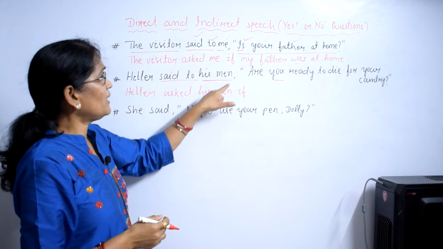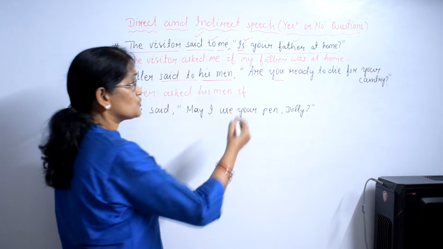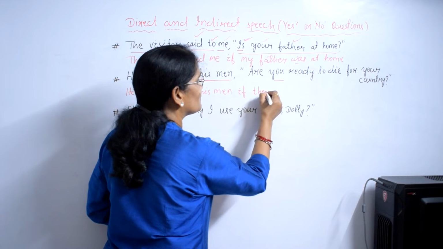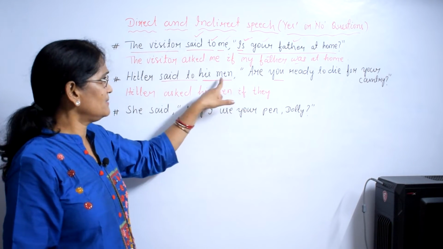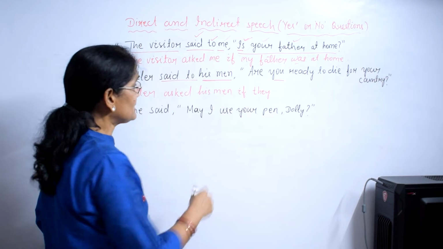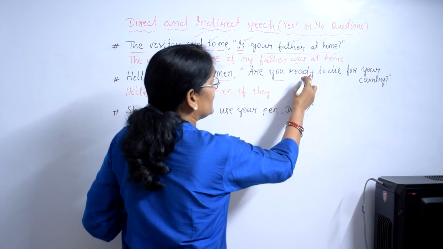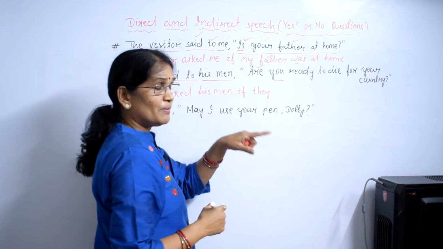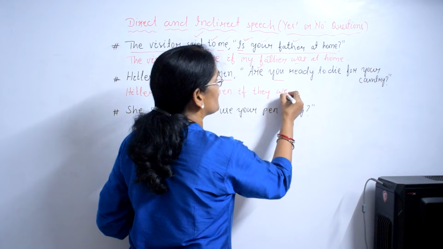So it is a plural noun, men. So you will be what? They. Pronoun will be written, not noun. If they ready to die for your country, are will be what? Were. Corresponding past.